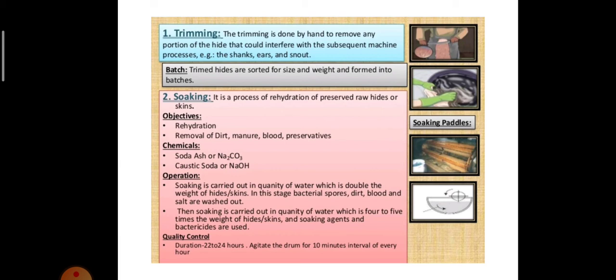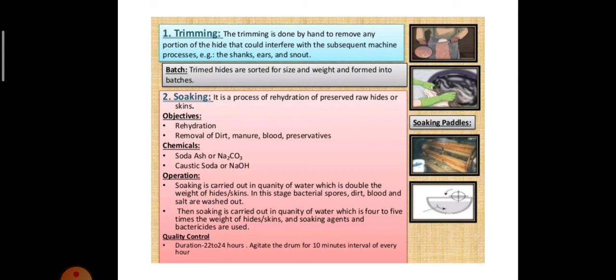After applying salt and other things, they can be kept for a long time, so definitely there will be dirt in the surroundings, and to remove the dirt, blood and salt, they are washed out in the case of soaking.